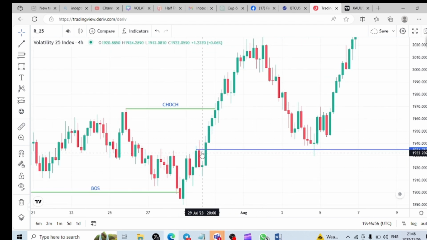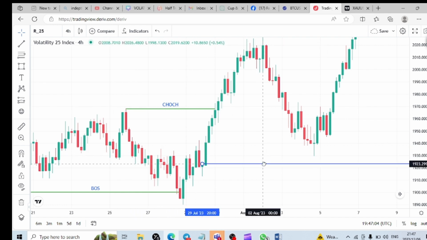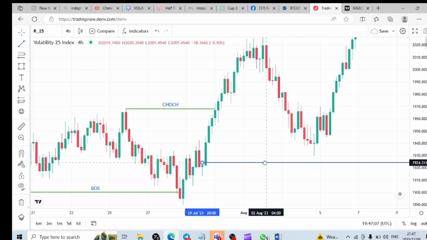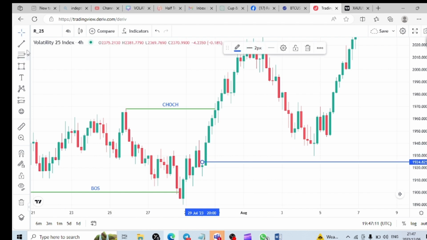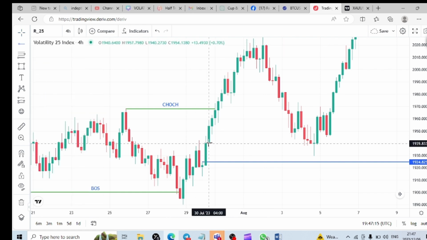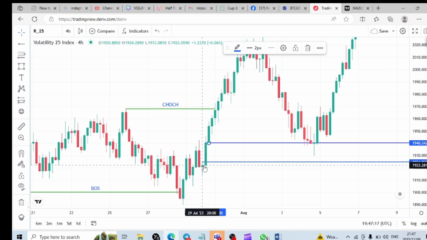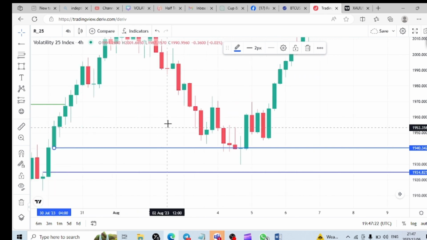Okay, let's look at this one, which is the last red candle before price starts to move upwards, and it resulted in a change of character. If you look closely at this one, we have this first candle, it looks like a doji candle, the high of this candle, and the low of the third candle. So we have 1, 2, 3 candles.